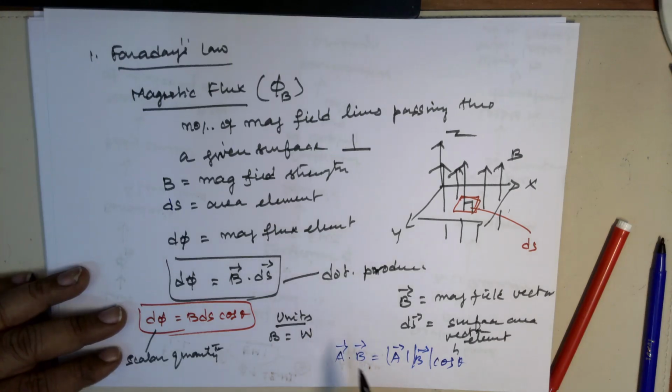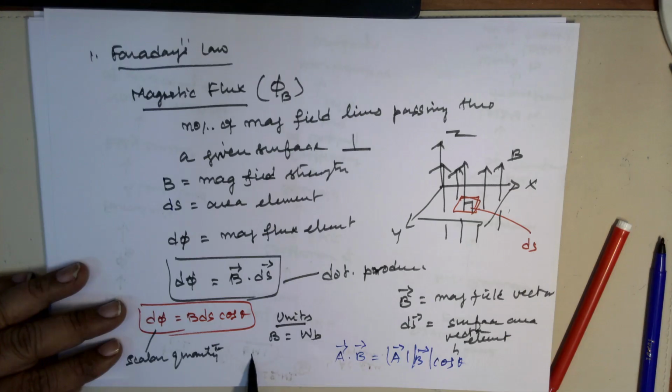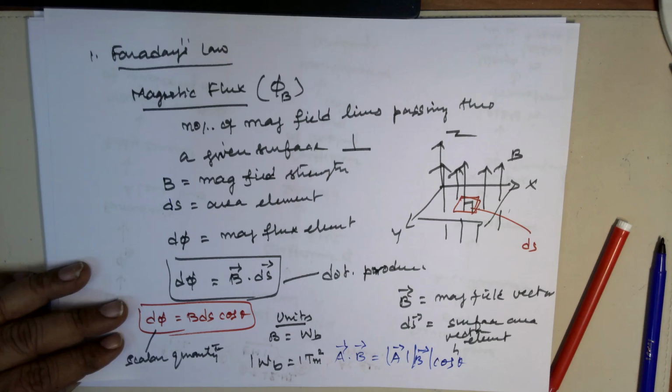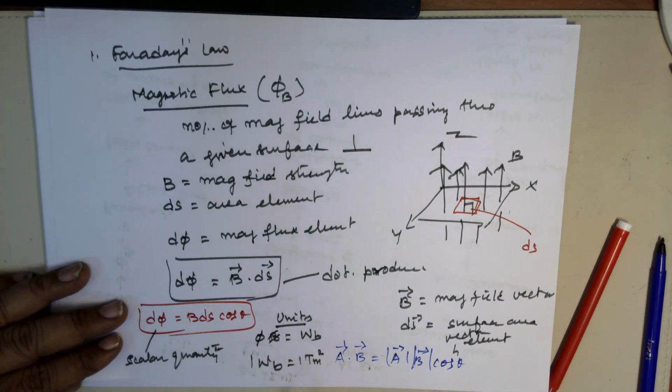Okay, take down Weber, Wb. So 1 Weber is equal to 1 Tesla meter square. Here I will put phi, because I'm talking about the SI unit of magnetic flux.